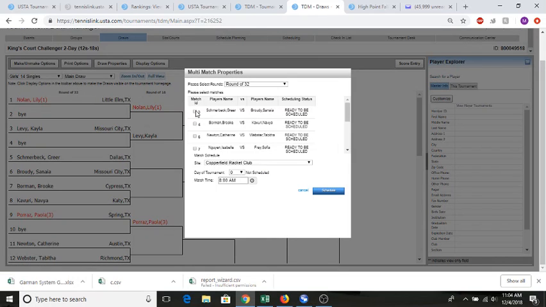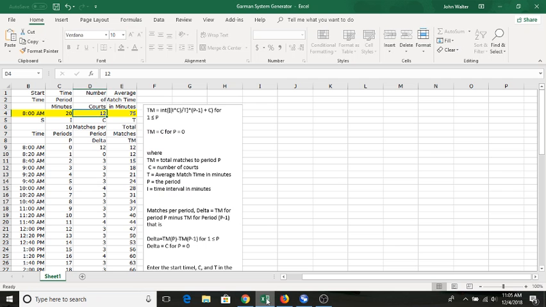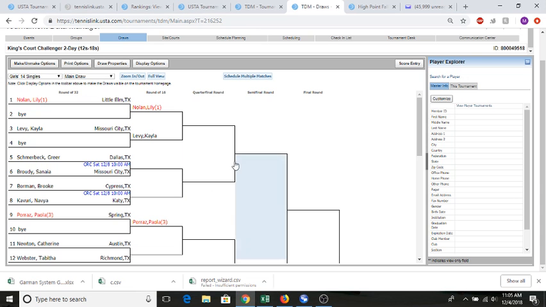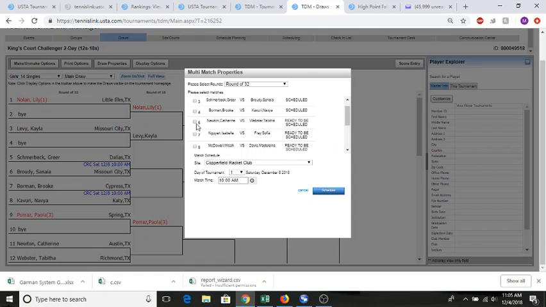So I'm going to schedule my first rounders. 10 a.m., day 1. Looking at the generator, I have 3 at 10:20. 1, 2, 3 at 10:20.